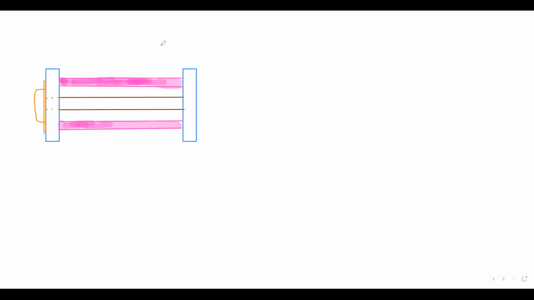Now for the brass, a nice and beautiful orange. The problem says I have a nut, let's say till here.